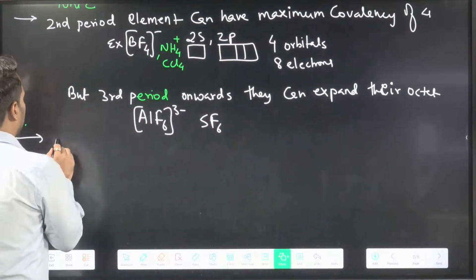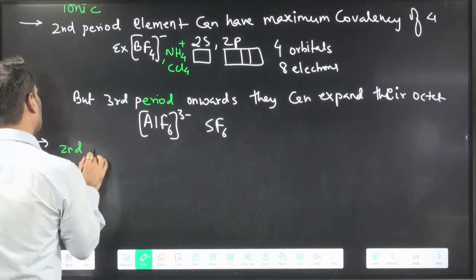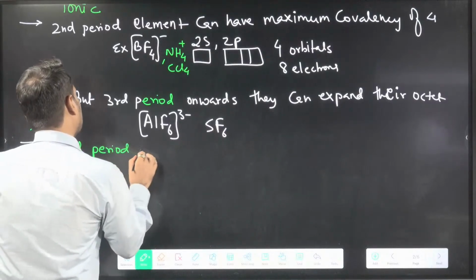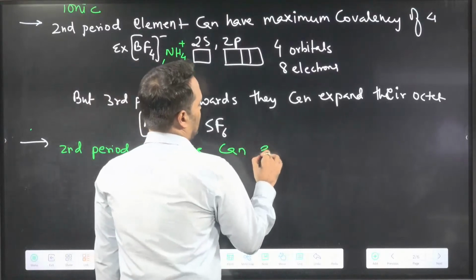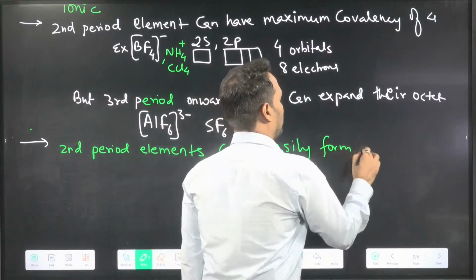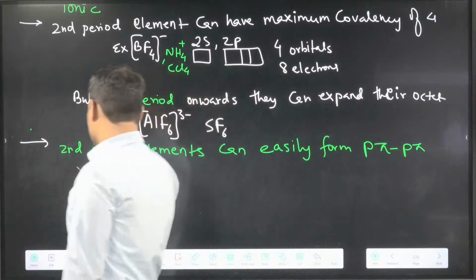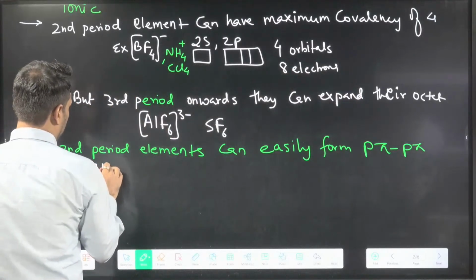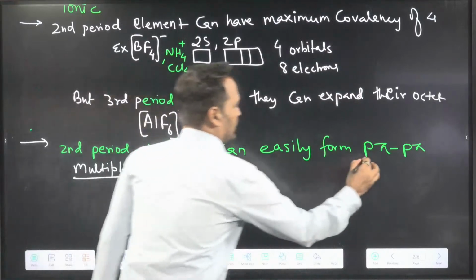One more point is written there. Ki second period elements can easily form p pi multiple bonds. ठीक है ना?